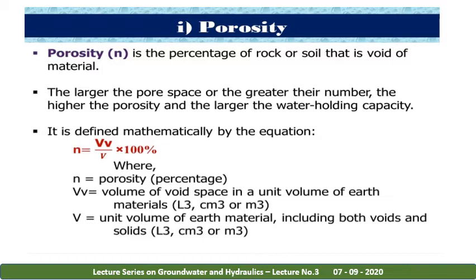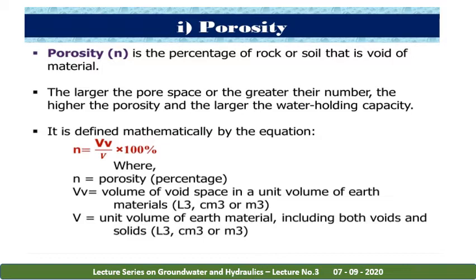In previous classes we discussed what type of porosity will be there in granite, in sedimentary rock, and in metamorphic rock. If the material has openings, holes or voids, that is called porosity. It is calculated in percentage.